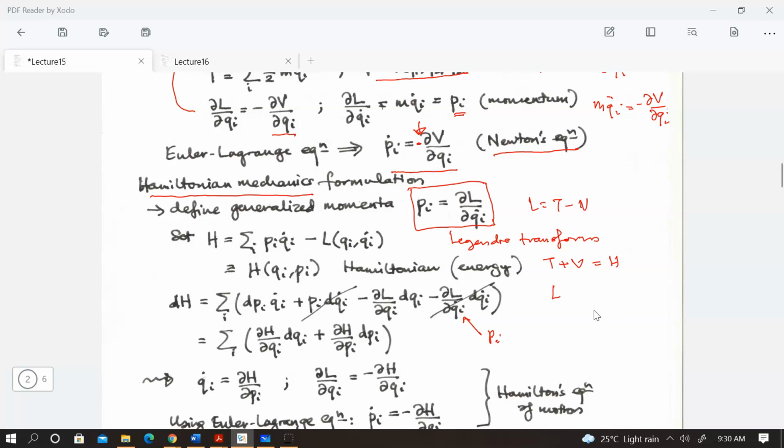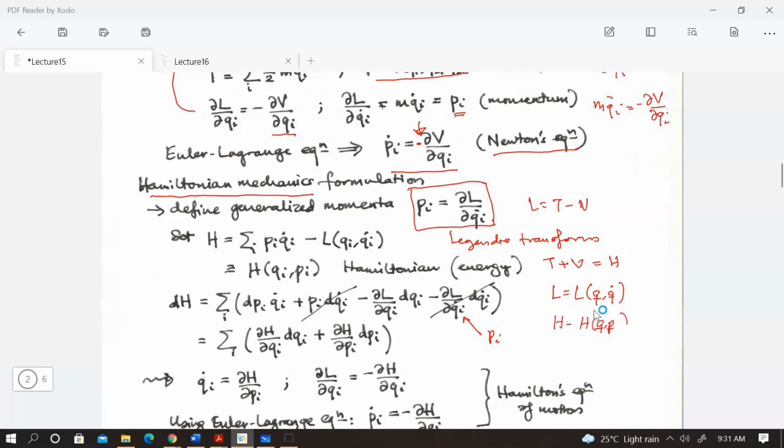Remember, in Lagrangian mechanics, you have your variables to be this, but you exchange one of the sets of variables to this.